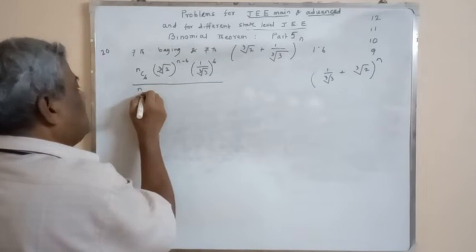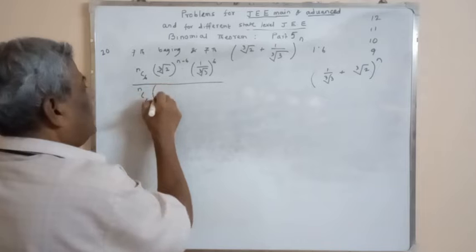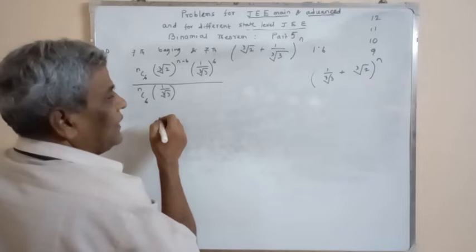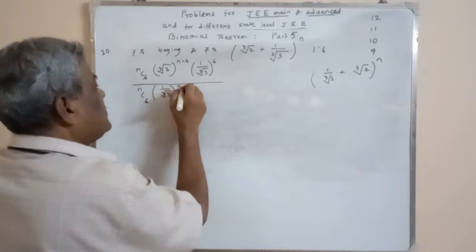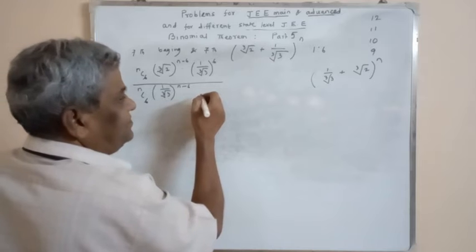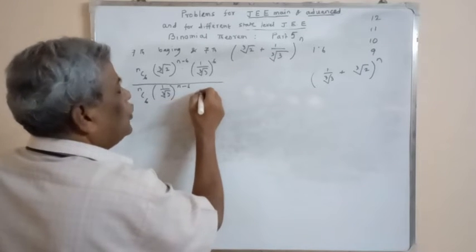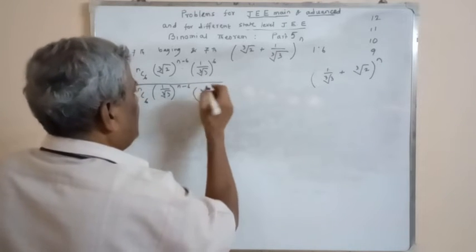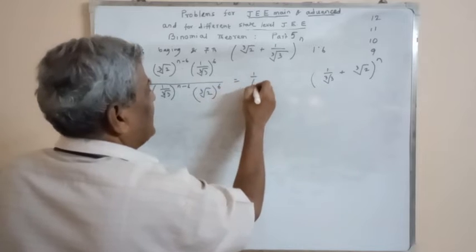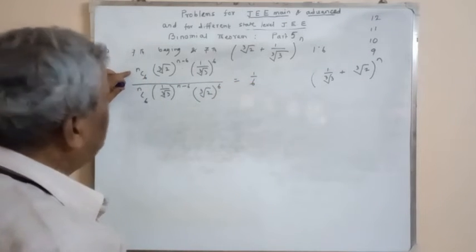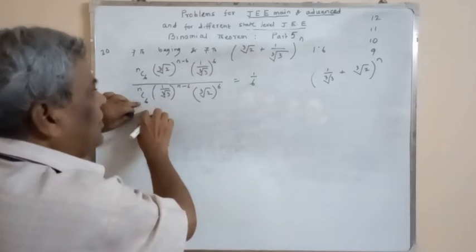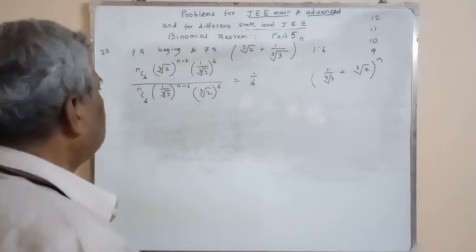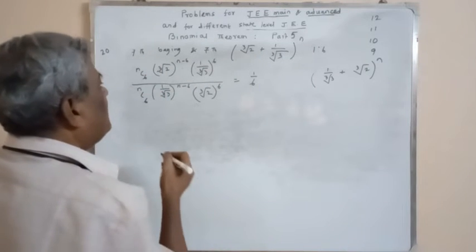Seventh term from the end of that means seventh term from the beginning of that. It is equal to nC6 (1 by cube root of 3) to the power n minus 6 into (cube root of 2) to the power 6, is equal to 1 by 6. This is seventh term from the beginning of that, and this is seventh term from the end of that. So this will be cancelled.